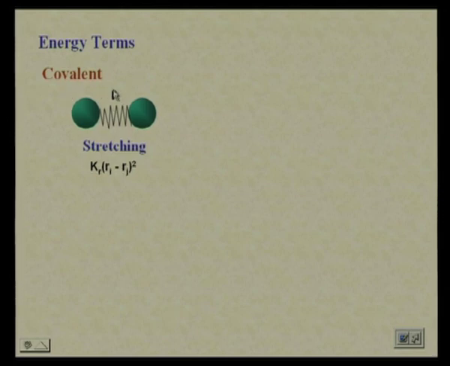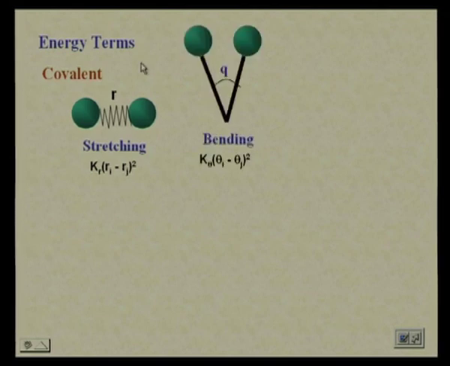So, what we have here is our covalent. What do we have in our covalent? We have our bond. Our bond is going to give us an energetic contribution to the total energy in the form of Hooke's law. What do we have for the angles? We have a bending that is going to contribute to the energy also.